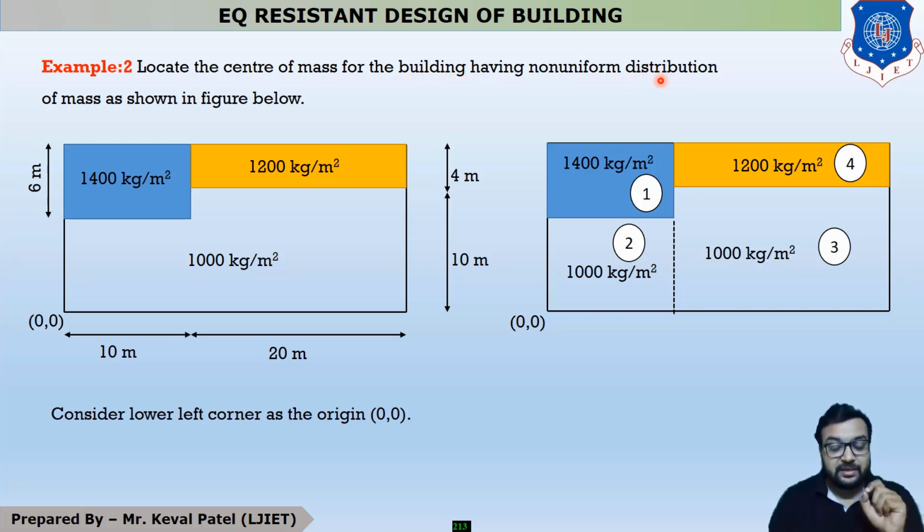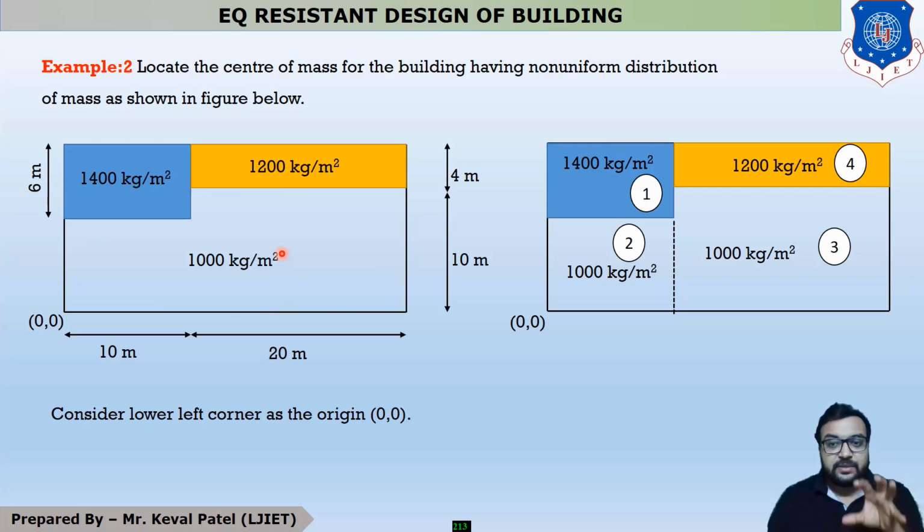It is clearly mentioned that if there is no clarification about uniform or non-uniform distribution, you can see that this left corner has 1400 kg per meter square, this is 1200 kg per meter square, and this portion has 1000 kg per meter square.